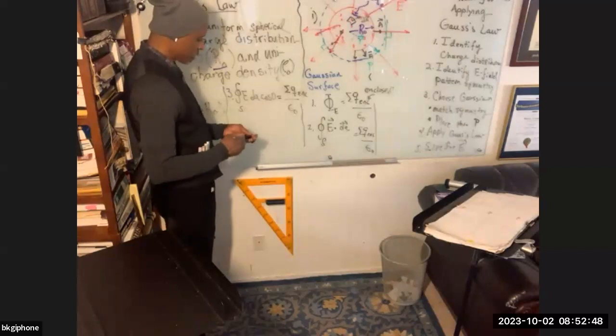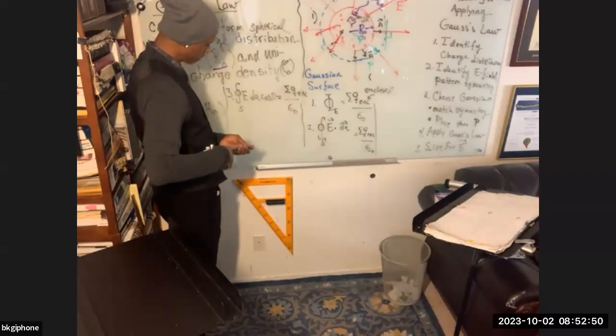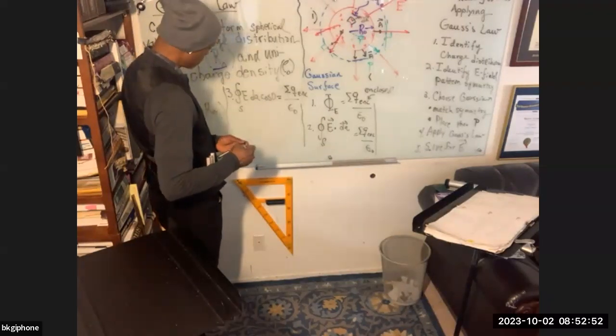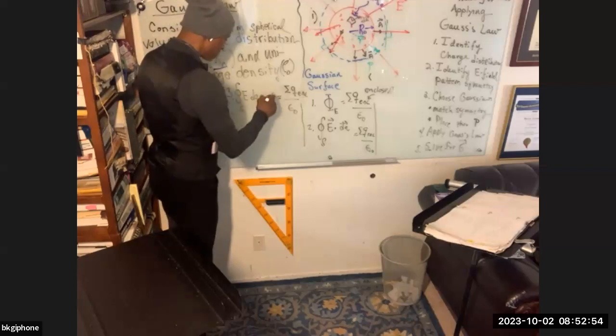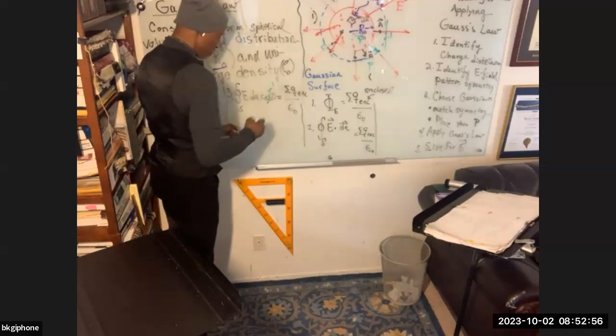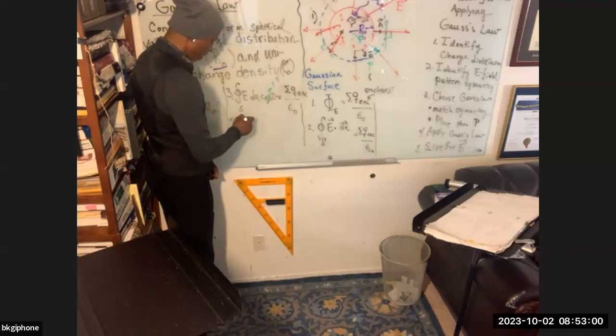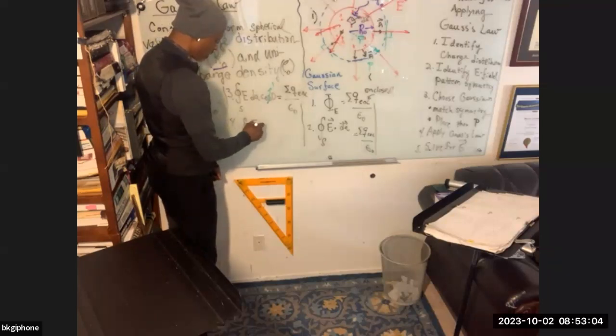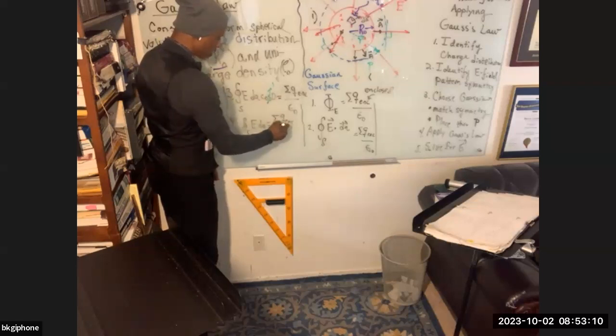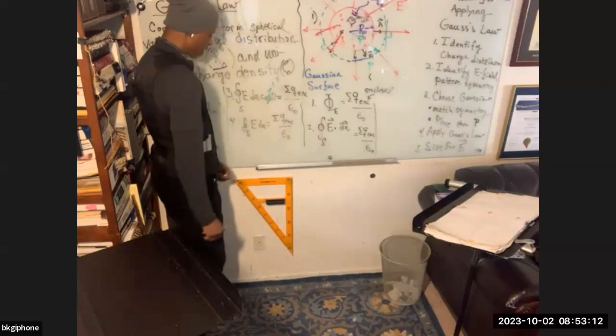So cosine of 0 is 1. So I get the integral of E dA equals the charge enclosed divided by epsilon naught.